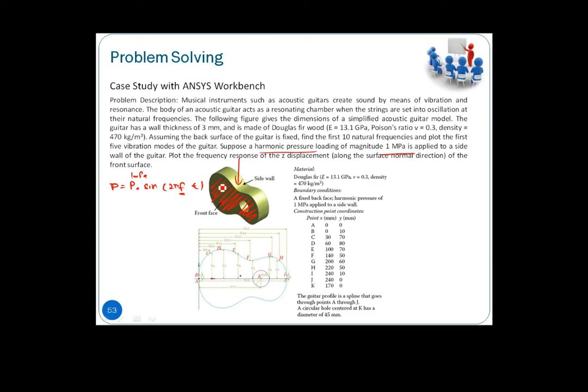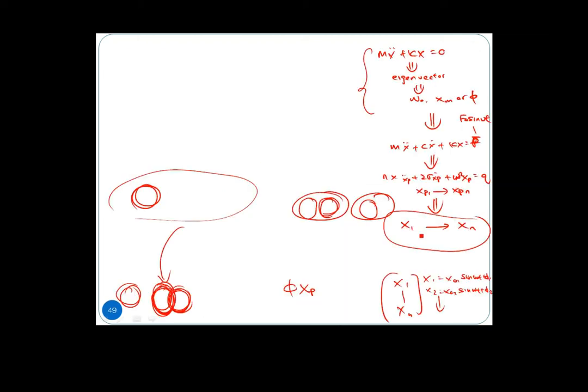Then I will want to see the response of this guitar itself. What is the response? To know the response, or frequency response, we first need the characteristics, the natural frequency and mode shape. To know the X itself, we need to know the natural frequency and mode shapes.